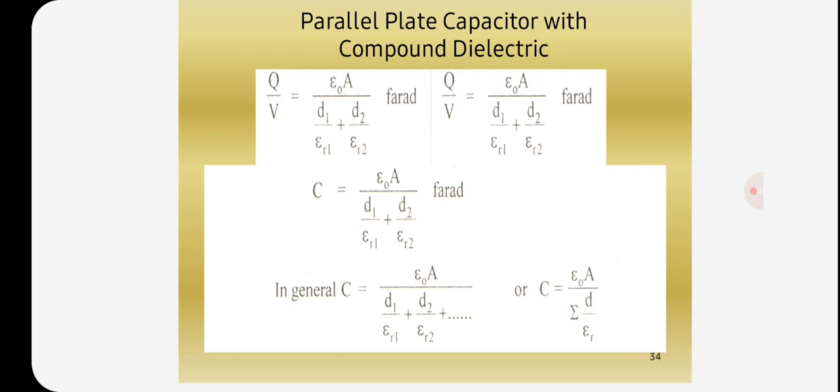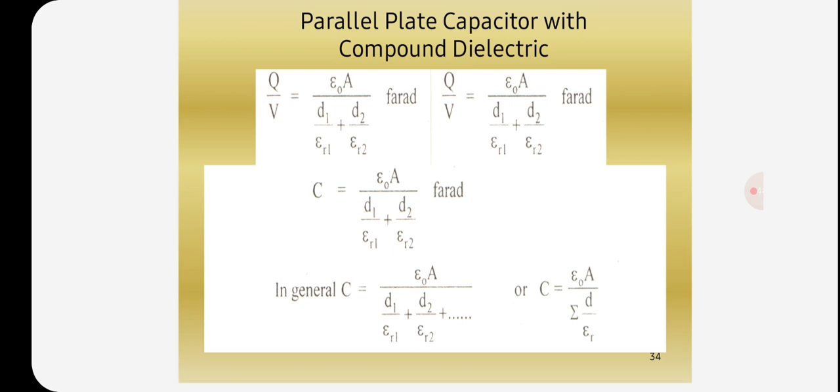So Q by V is equal to C, that is equal to epsilon naught A by d1 by epsilon r1 plus d2 by epsilon r2 farad.